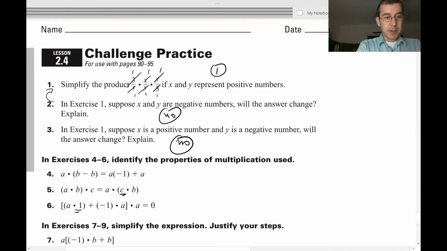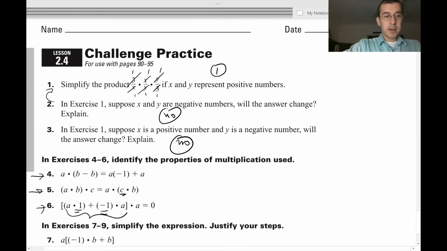We have a times minus 1, that's the property of minus 1. And then a plus minus a is 0, so we end up with 0 times a equals 0, so that's the property of 0. So all three properties of 1, minus 1, and 0 are used for number 6. The associative and commutative properties for number 5, and the properties of 0 and minus 1 for number 4.